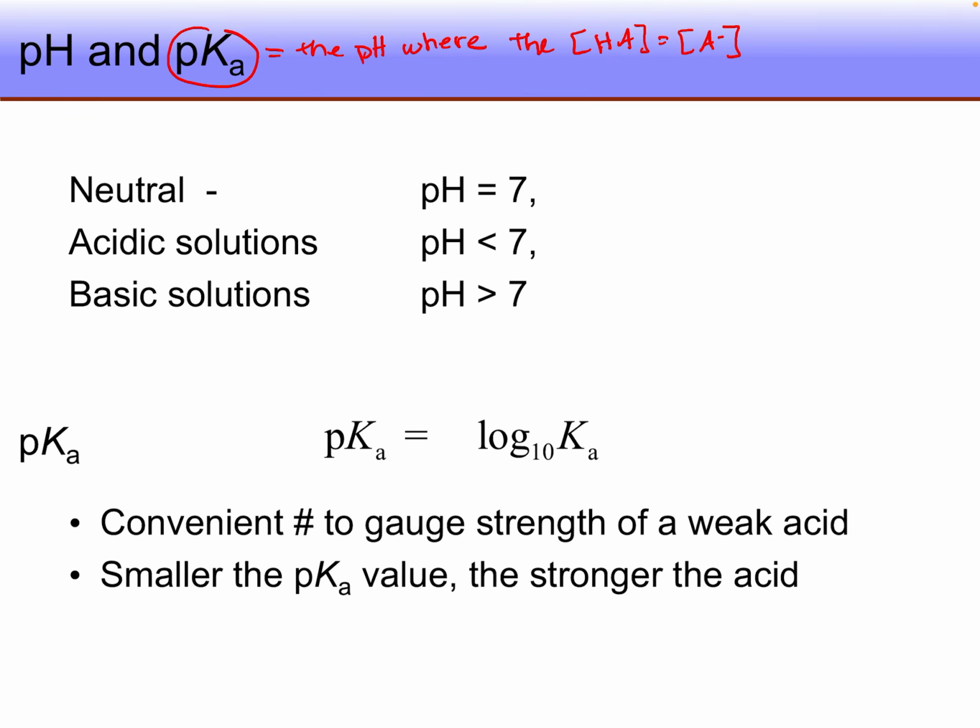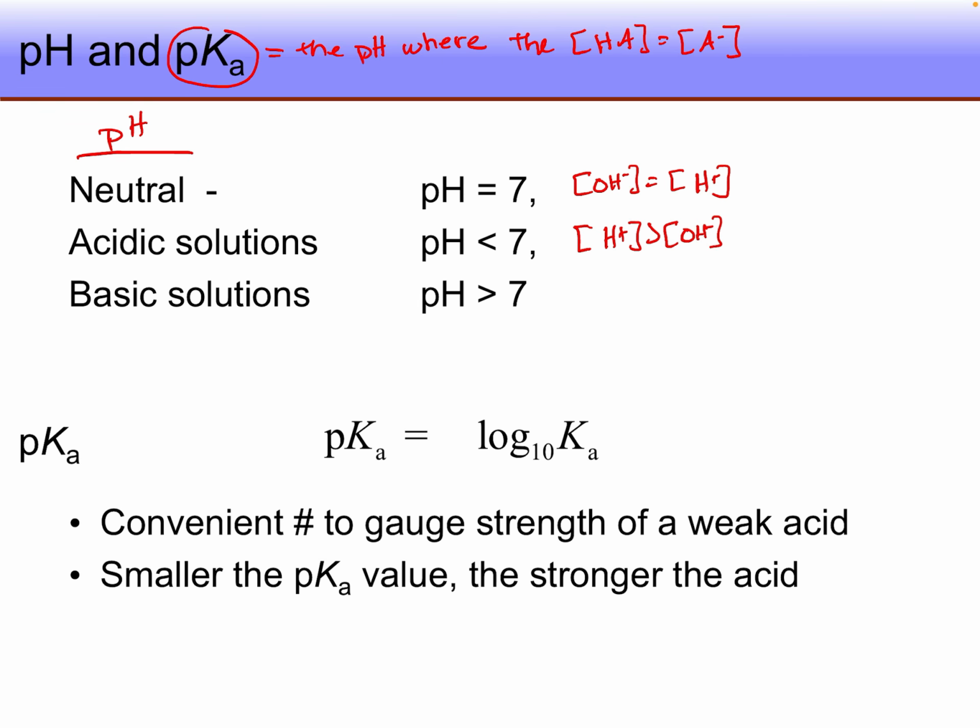And we're used to talking about pH when our frame of reference is pH 7, right? At pH 7, the concentration of OH minus is equal to the concentration of H plus. In acidic solutions, the concentration of H plus is greater than the concentration of OH minus. And then the reverse is true for basic solutions.